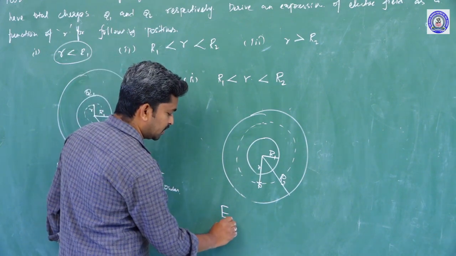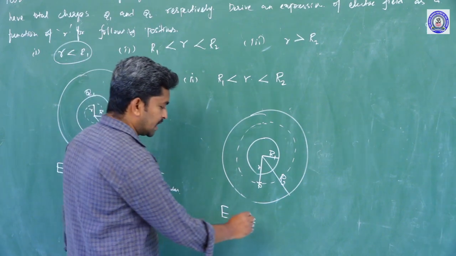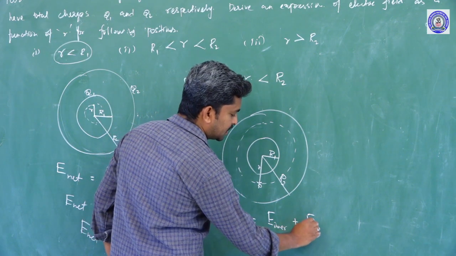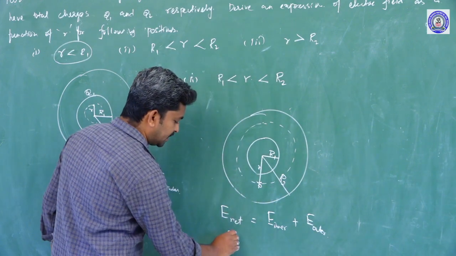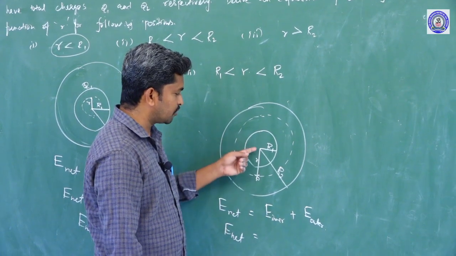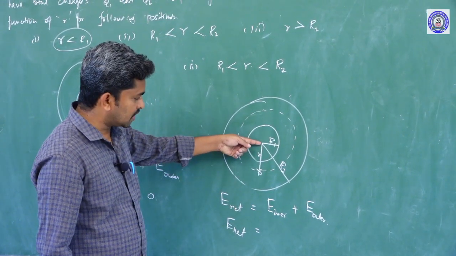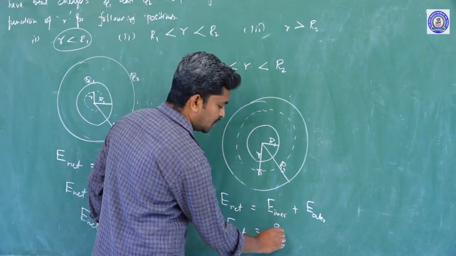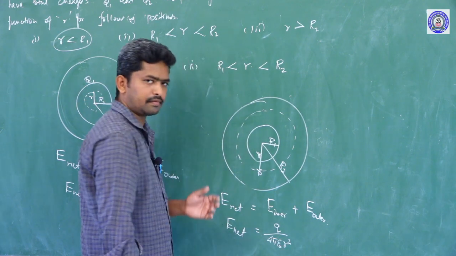I want to calculate the net electric field, which is the electric field of the inner sphere plus the electric field of the outer sphere. The net electric field is the electric field the inner sphere produces outside, at a point r. You know the electric field is q divided by 4 pi epsilon naught r square.